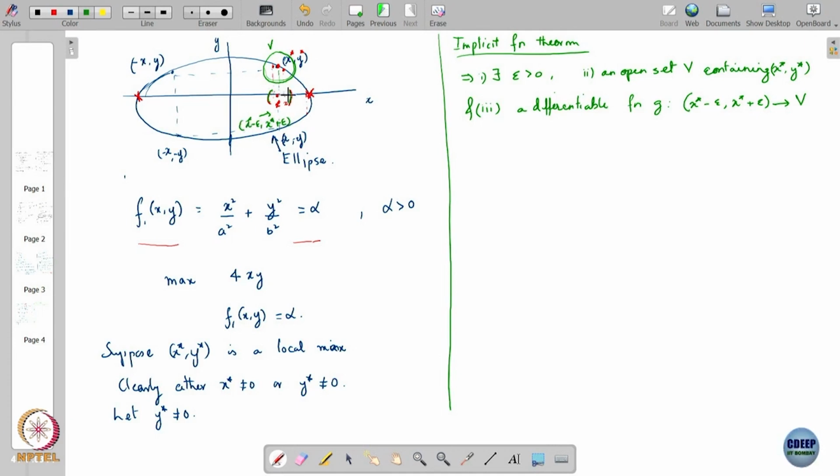And g is the function that, taking a value of x, returns a value of y for me.